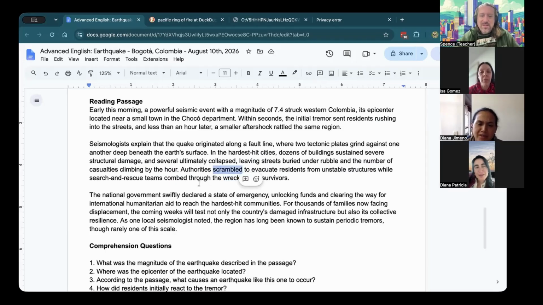Scrambled. Like we might know scrambled eggs, right? Huevos revueltos. But this is not what they're talking about. So it's the difference between reading and listening: when we listen, we hear the words we know, we don't hear the words that we don't. But when we read, we see it and think, oh gosh, what is scrambled?